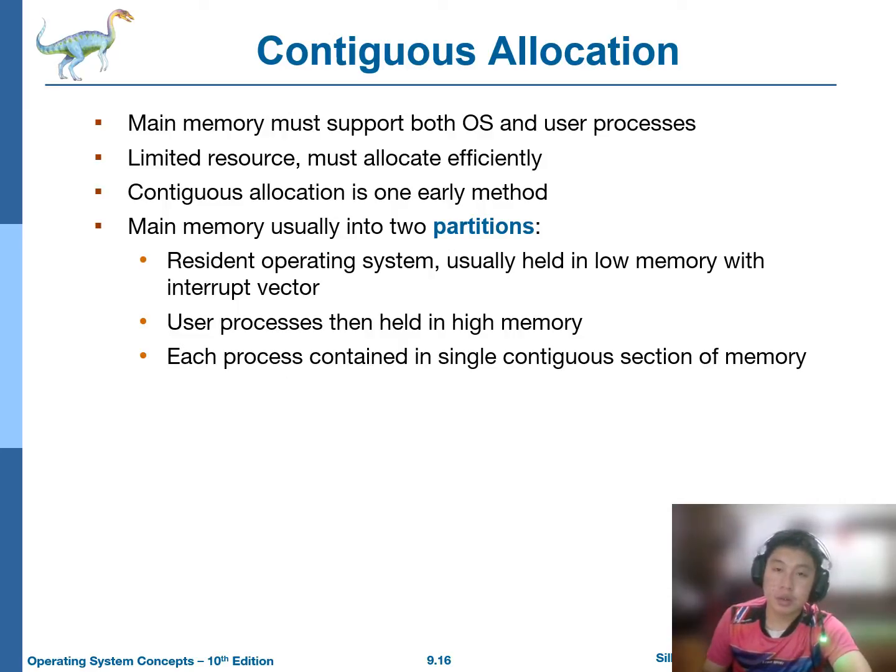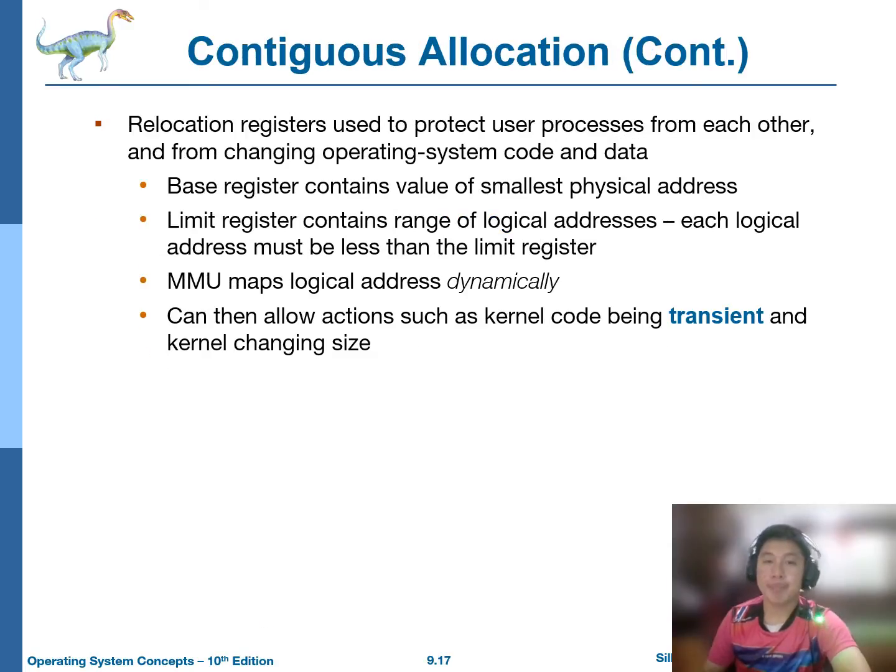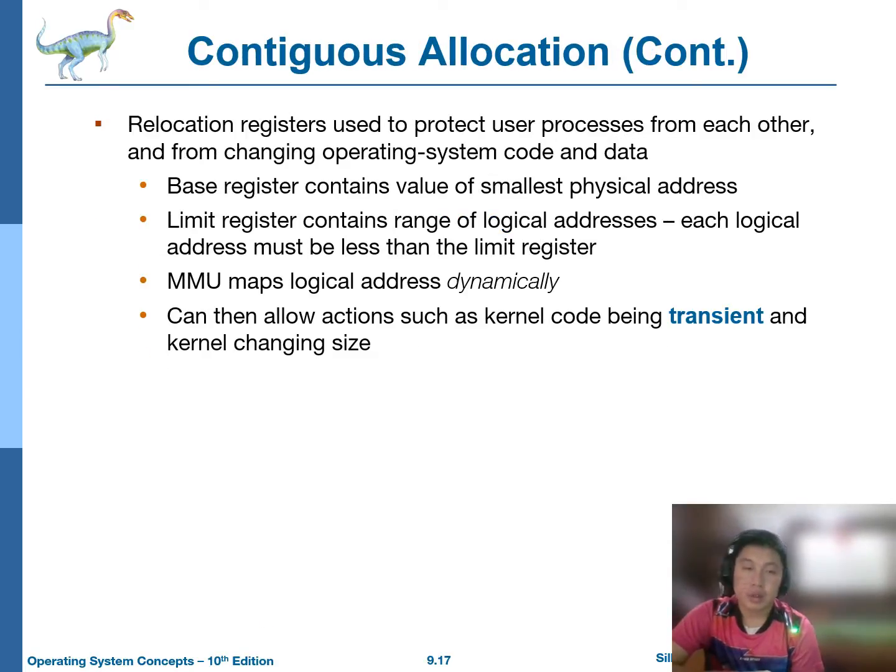Contiguous allocation. Main memory must support both the OS and user processes. It is a limited resource, so it must be allocated efficiently. Memory is usually divided into two partitions: the operating system, and user processes held in high memory. Each process is contained in a single contiguous section of memory. Relocation registers are used to protect user processes from each other and from changing operating-system code and data.